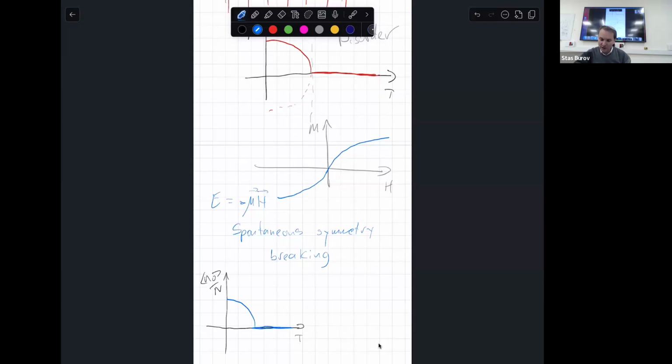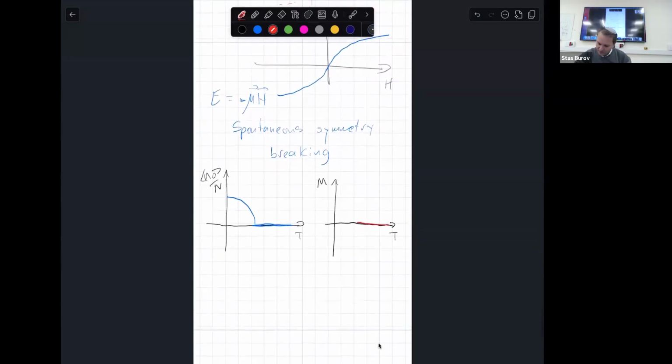And if you look at the spontaneous symmetry breaking, magnetization M versus temperature, this. So it's very similar.